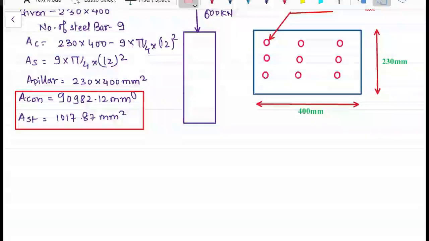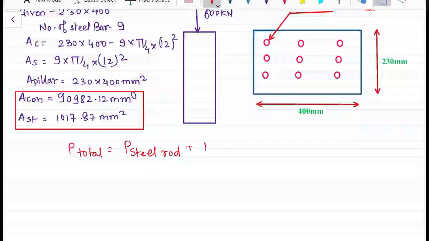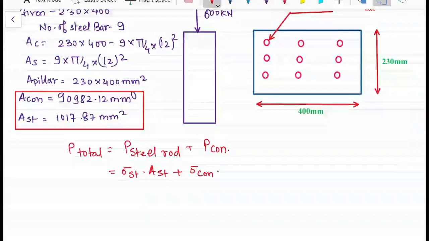The total load on the pillar will be equal to the load on the steel rod plus the load on the concrete. The load on the steel rod can be written as stress on steel rod into cross section area of steel rod. What about concrete? Stress on concrete into cross section area of concrete. So this will be our first equation.